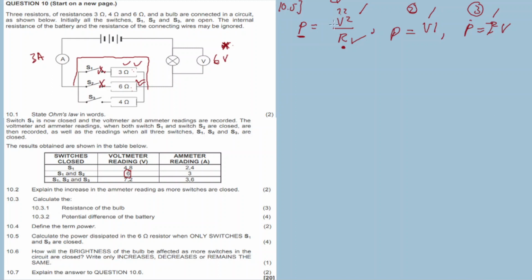So now the next challenge is to find the potential difference across the 6. As I told you, the potential difference across the battery is 12 volts. The potential difference across the bulb is 6.